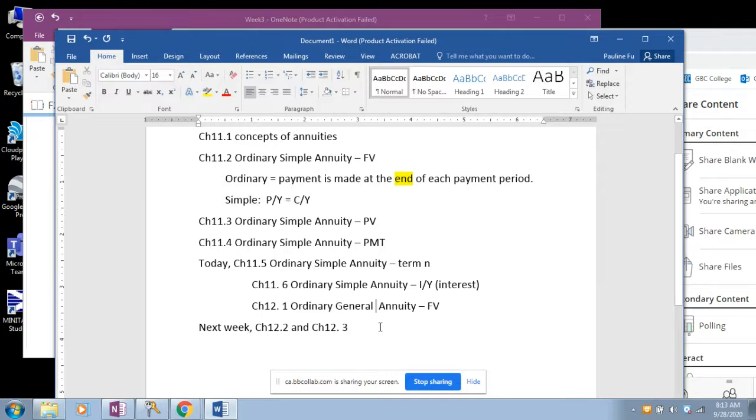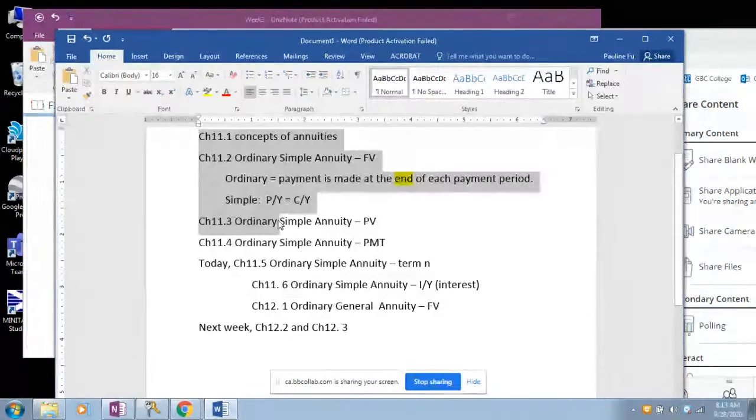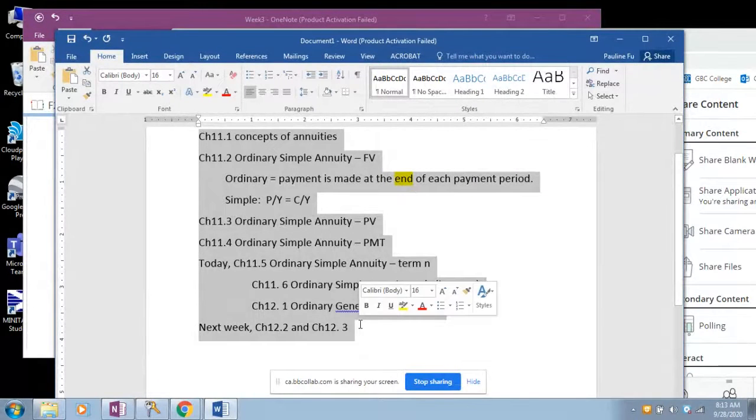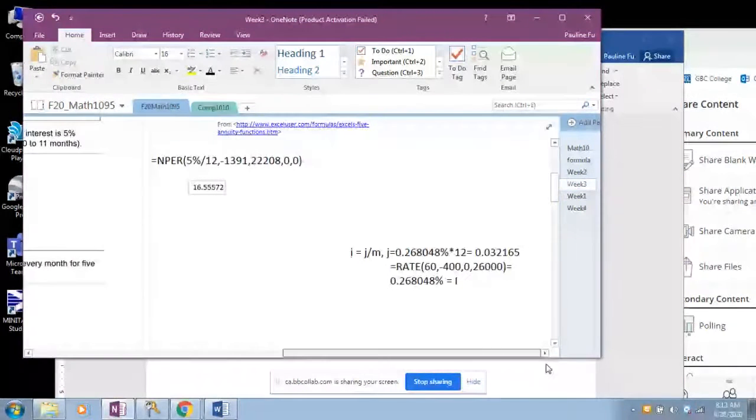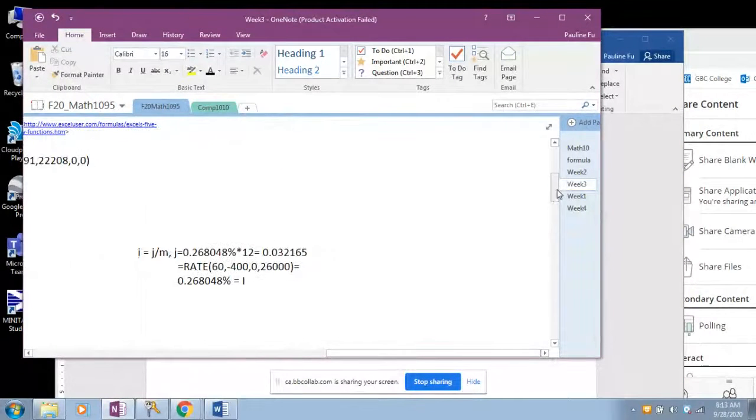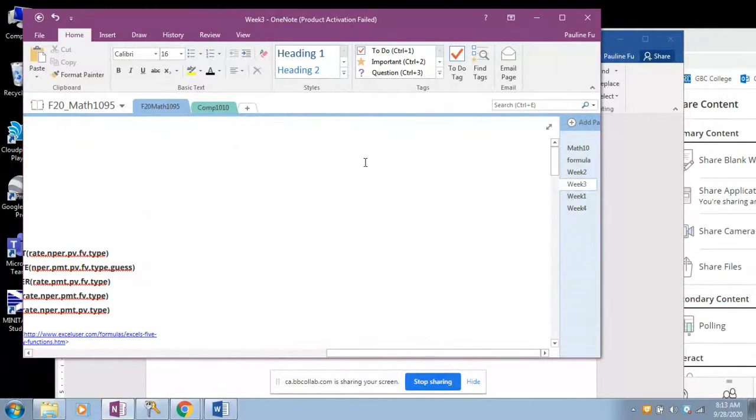Just have some water. Any questions? So I'm going to copy this to see if I can copy this to OneNote. Maybe I will find some space here.